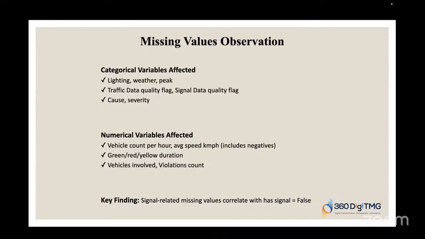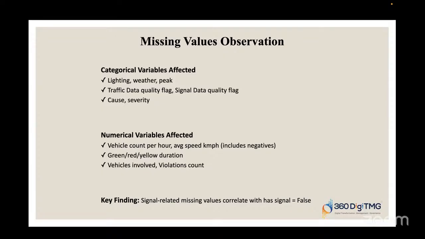Then we observed that there are missing values in the lighting, weather, and traffic data columns. Sometimes there are signals and sometimes they are not showing. There is also a column called cause of severity, the severity of the traffic, and that kind of data is missing.